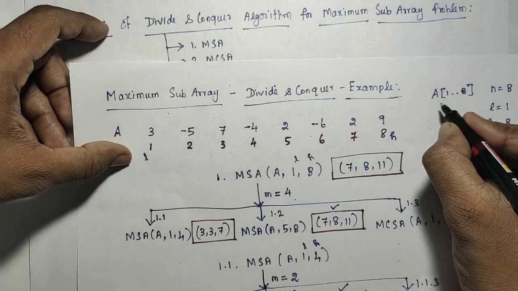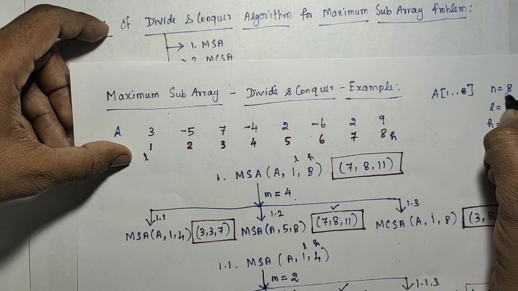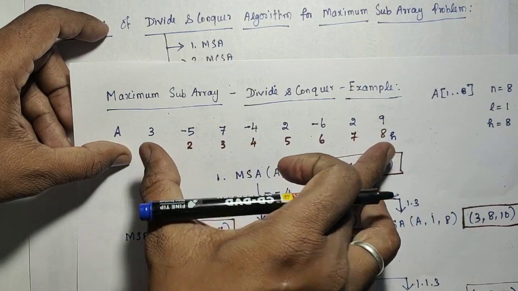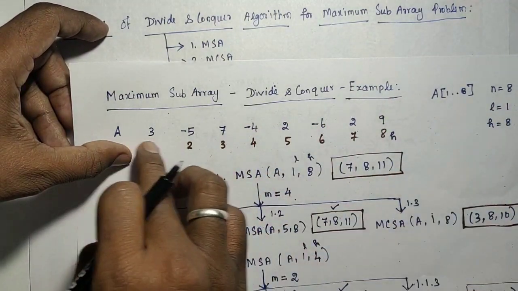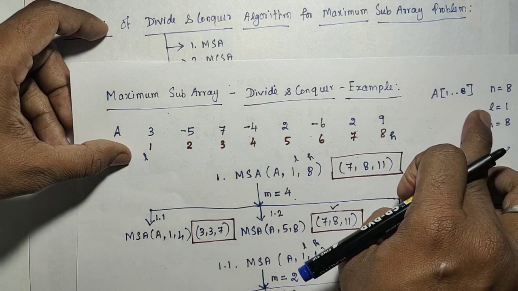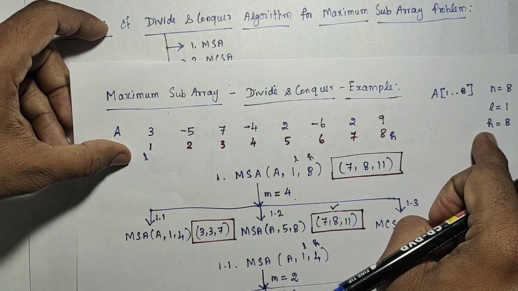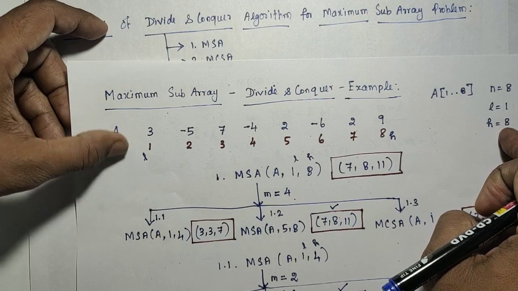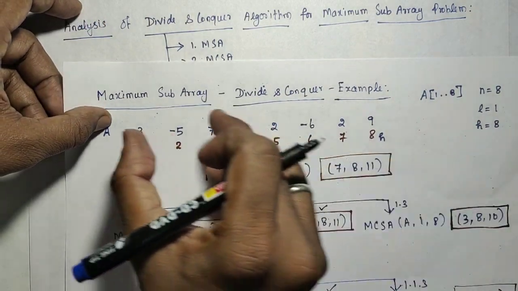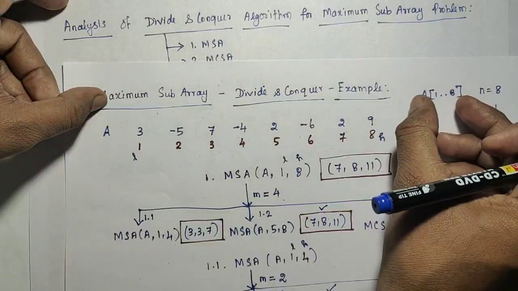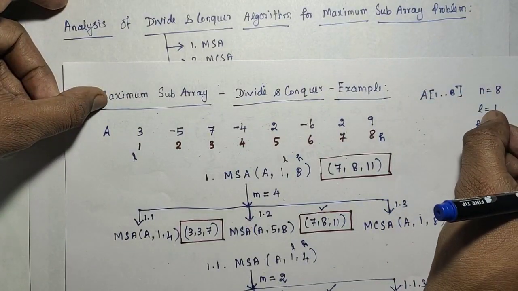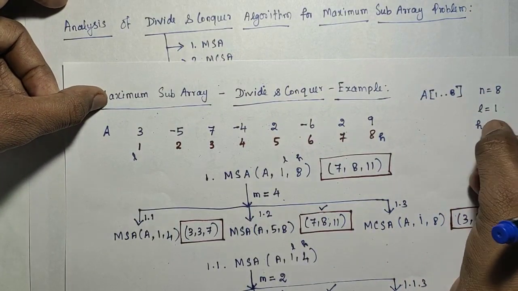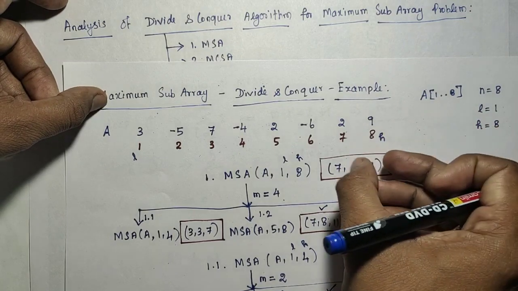Suppose in that array all the n elements are involved. By that time L equal to 1 and H equal to the last index, that is N. So if you want to find the maximum subarray for the entire n values, L equal to 1 and H equal to N. Like that only we are passing.